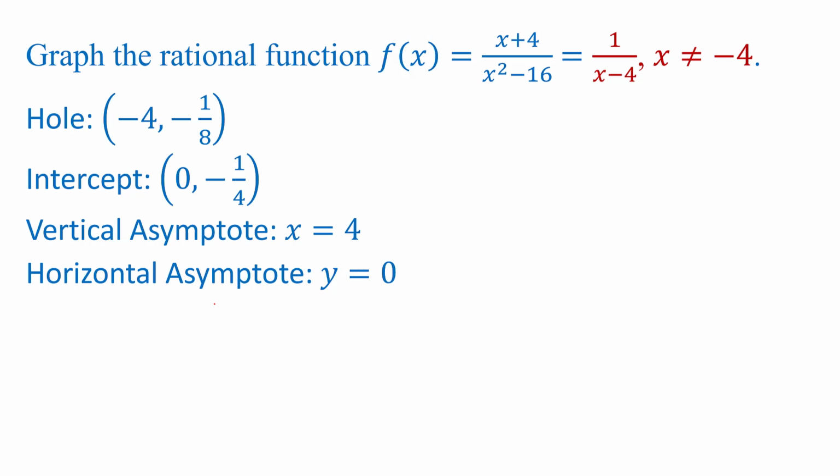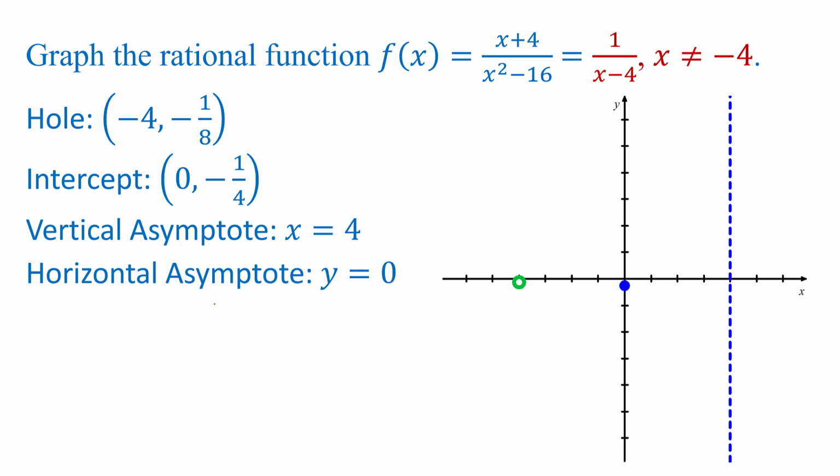Now for graphing, let's locate what we have so far. We have a hole at the point negative 4, negative 1/8. We have a y-intercept, 0, negative 1/4. We have our vertical asymptote, x equals 4, and the horizontal asymptote, y equals 0, which runs along the x-axis here. So what do we need to do? There are no x-intercepts here, so I only need to be concerned about the vertical asymptote, points to the left and right.